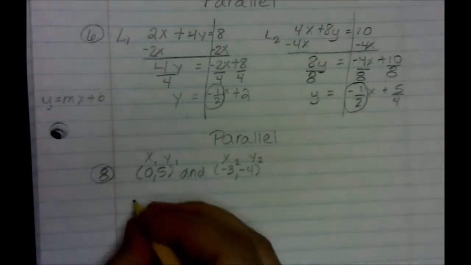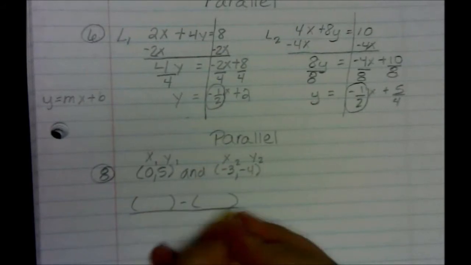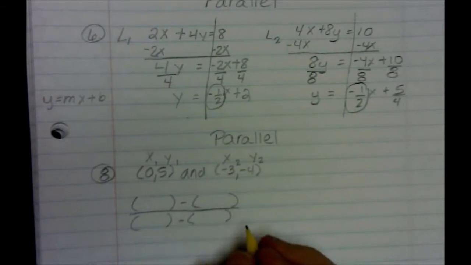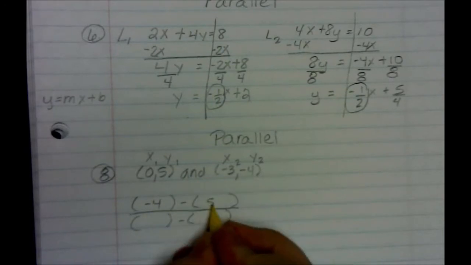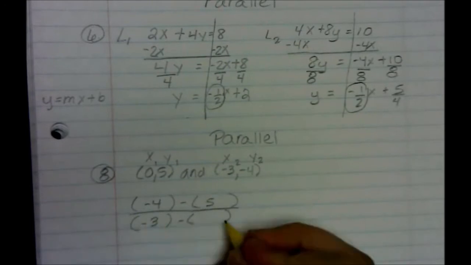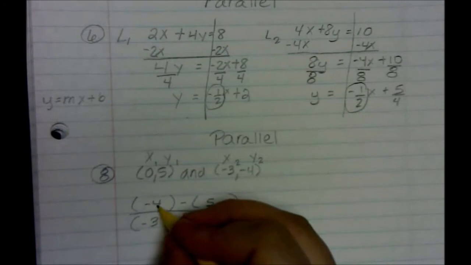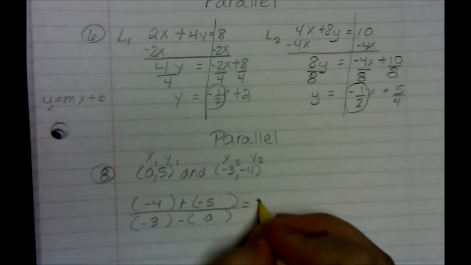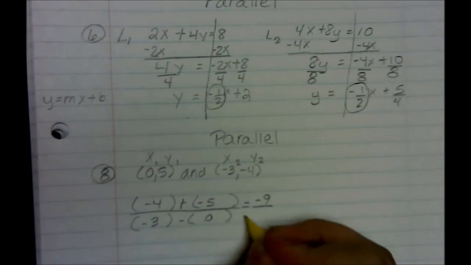So I'm going to go ahead and use that formula we've been talking about, that m equals y2 minus y1 over x2 minus x1. So my y2 is -4, my y1 is 5, x2 is -3, x1 is 0. So I'm going to keep, change, opposite, which gives me a -9, and then -3 minus 0 would give us -3.